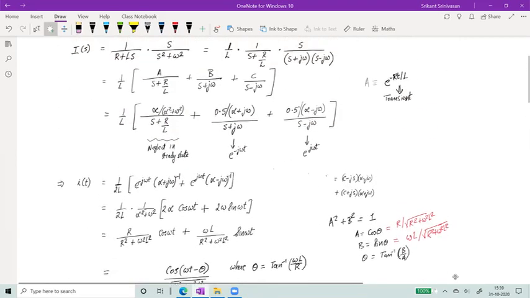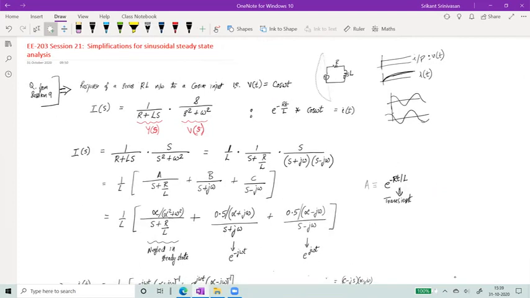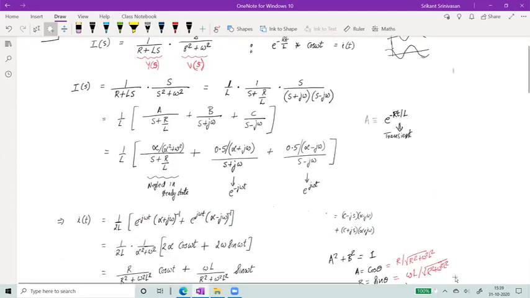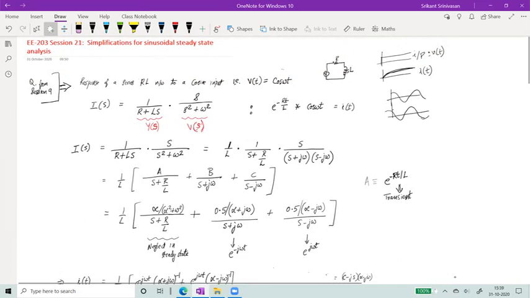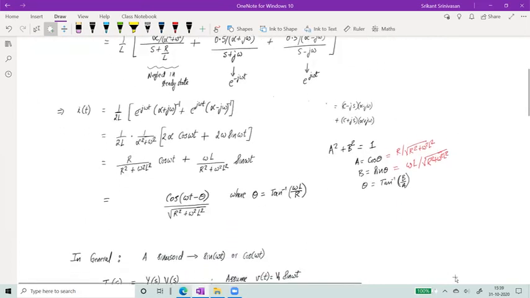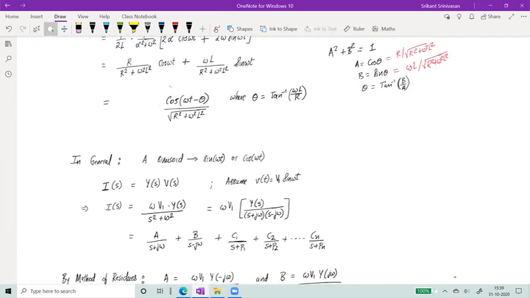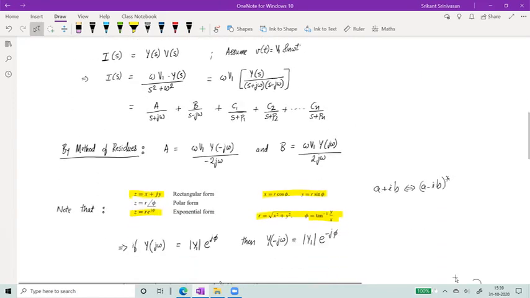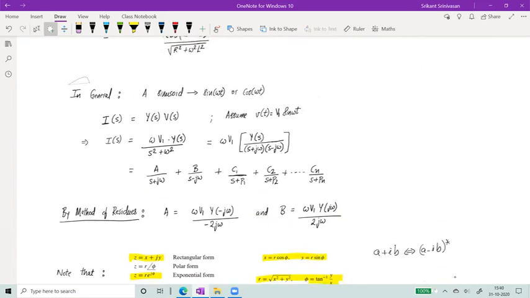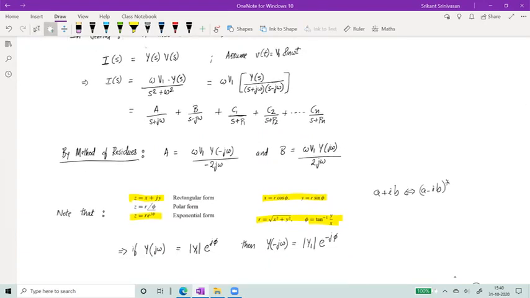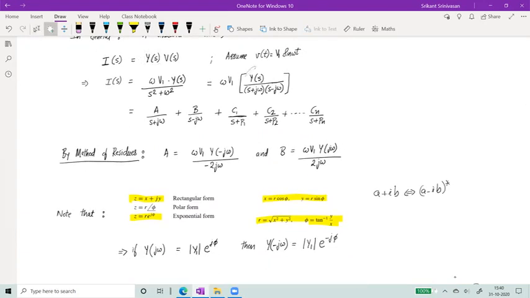In the previous case, I showed that if I take a series RL circuit, and my input is cos omega t, my output is going to be cos omega t minus theta. Some phase difference, but it is still going to be cos omega t. What I have proven here is a general case, a stronger proof, that no matter what my admittance function is, y of s can be anything.